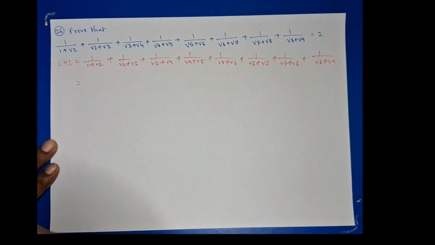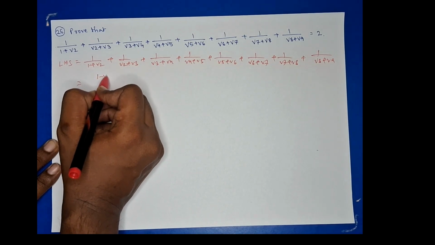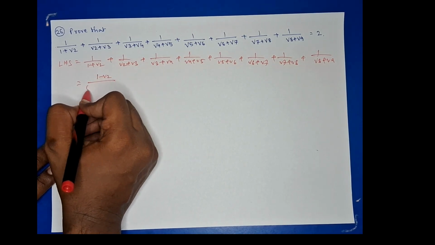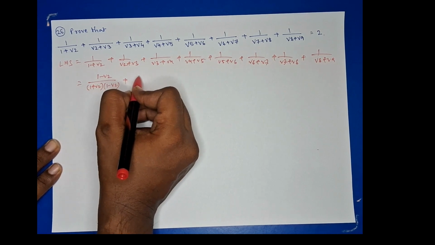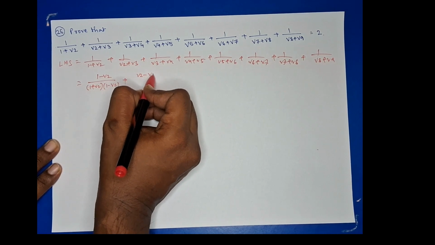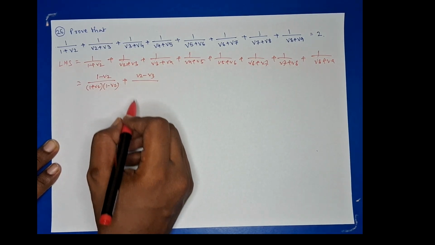Now you have to rationalize it. To rationalize it, what you will do? 1 minus root 2, you will multiply it with. So this is 1 plus root 2 into 1 minus root 2. Similarly, this also root 2 minus root 3.